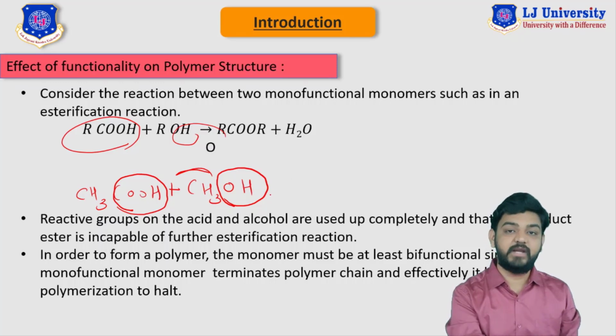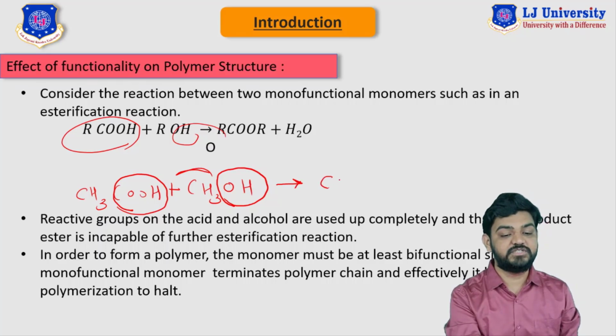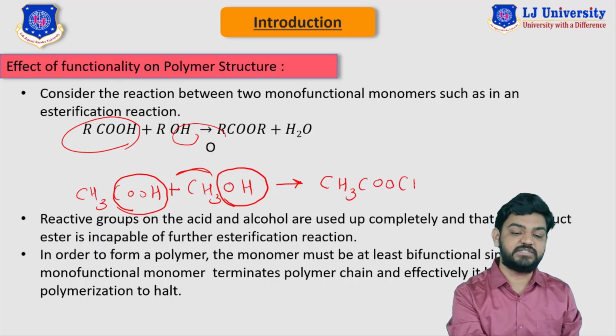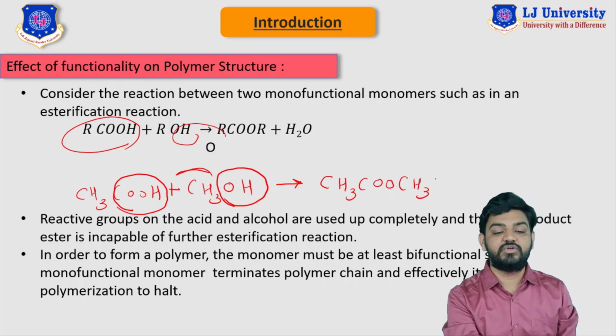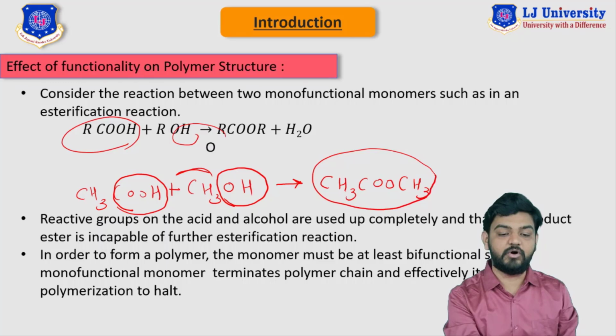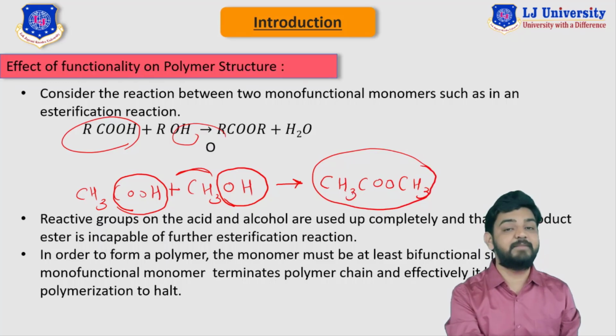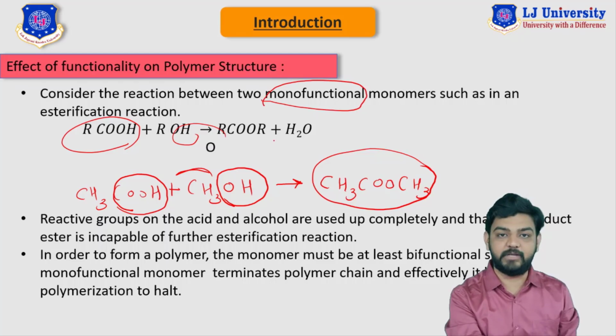Now if they undergo a polymerization reaction, they will form a chemical structure like this: CH3 C double bond CH3. Now there is no further active group or functional group which can be connected with another monomer. So we can say that the monofunctional monomer cannot form a long chain of polymer.